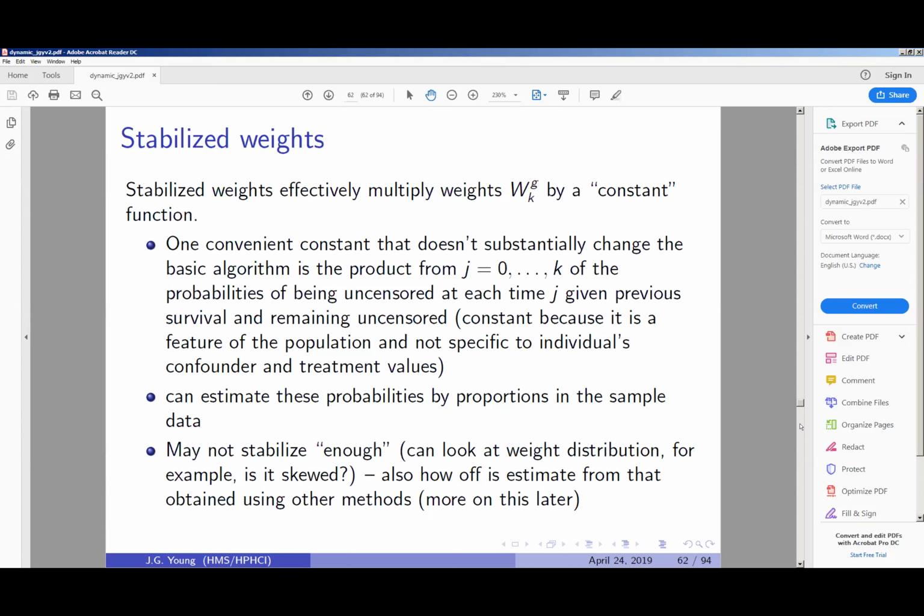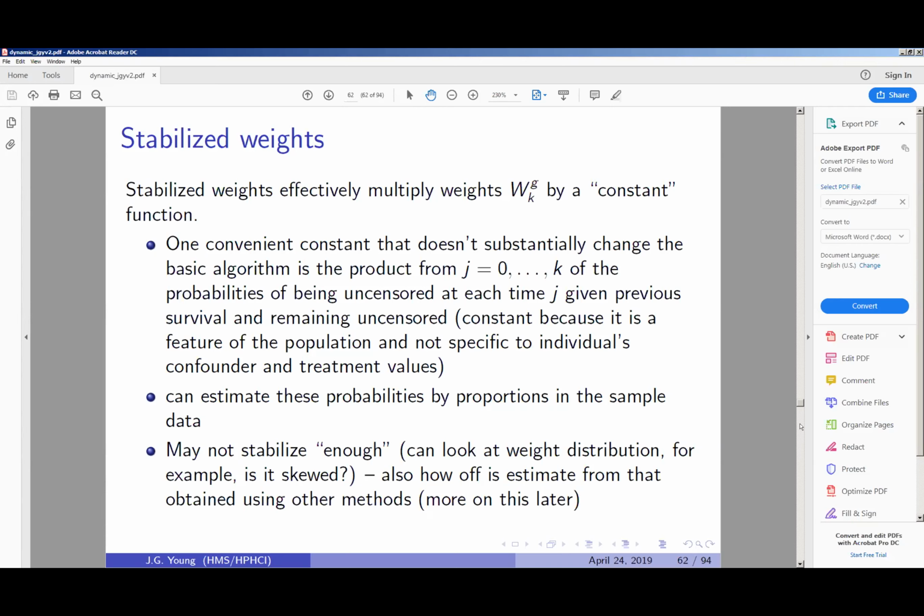Where was that part on static? Yeah. So really, you can think of this approach, where you don't artificially censor in the case of static strategies, as we could have not artificially censored and made copies in the dynamic strategies.